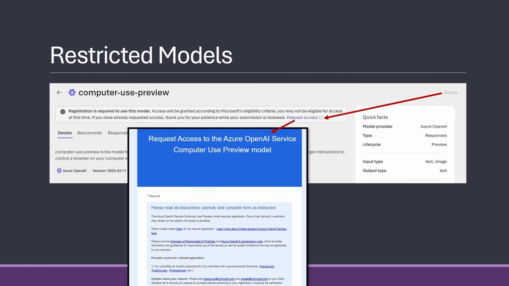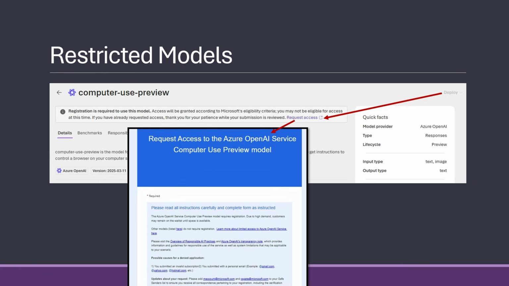Certain models you can't press the deploy button on. And that is because some models are behind registration. It's often models that are under heavy use or very resource intensive, because Microsoft, in general, like everyone else, have a hard time keeping up with providing servers for all this load.